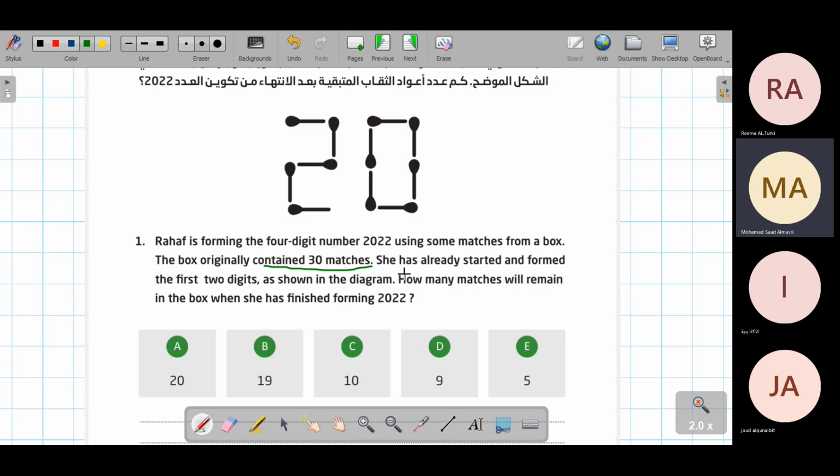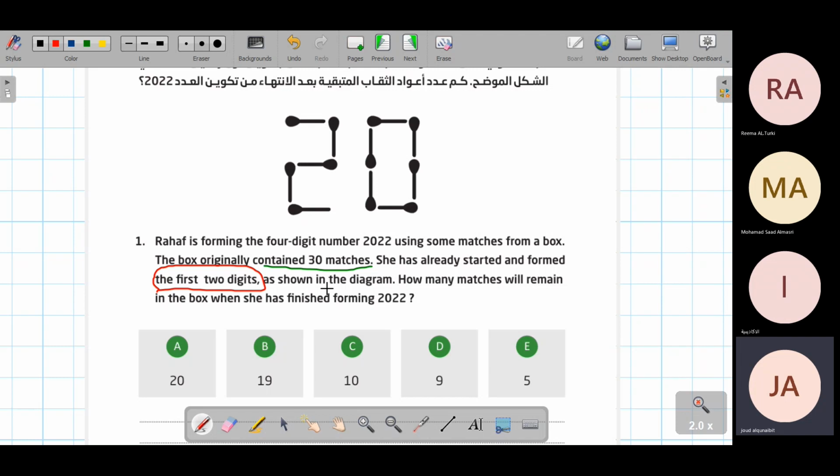And she has already started and formed the first 2 digits. Let's show the diagram. How many matches will remain in the box when she has finished forming 2022? Exactly. So now we have 20.